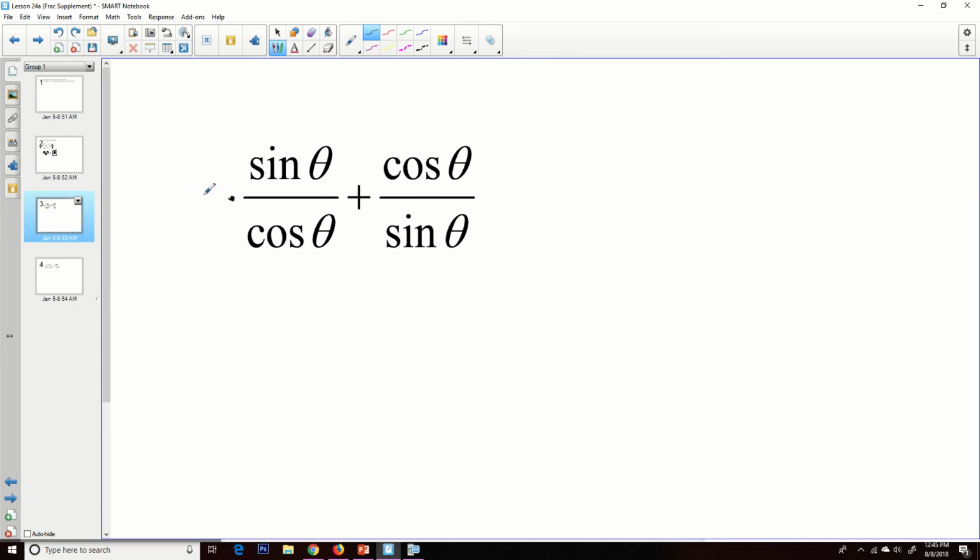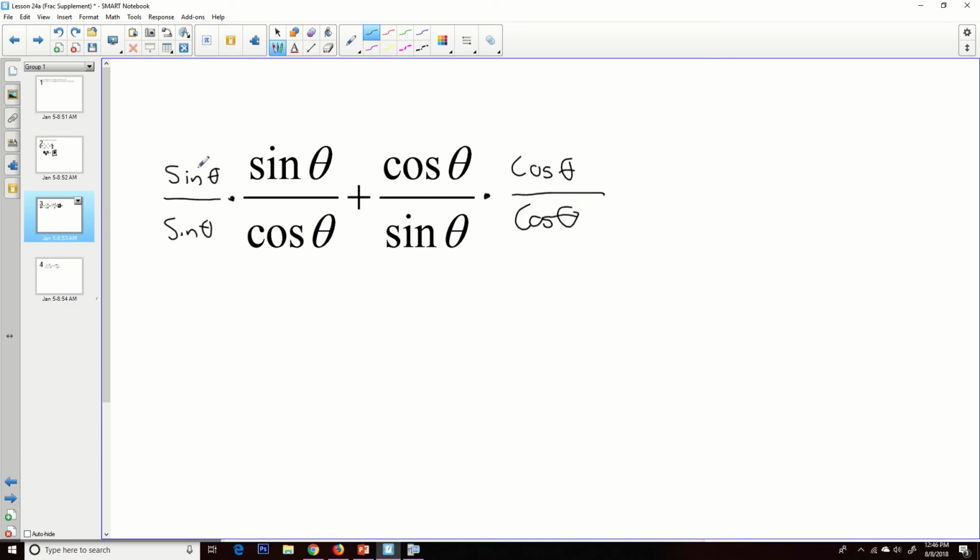So I'm going to multiply this first one. I'm going to come over here and multiply this one. It'll be sine theta over sine theta. And then this one will multiply by the opposite, and a funky 1, cosine theta over cosine theta.